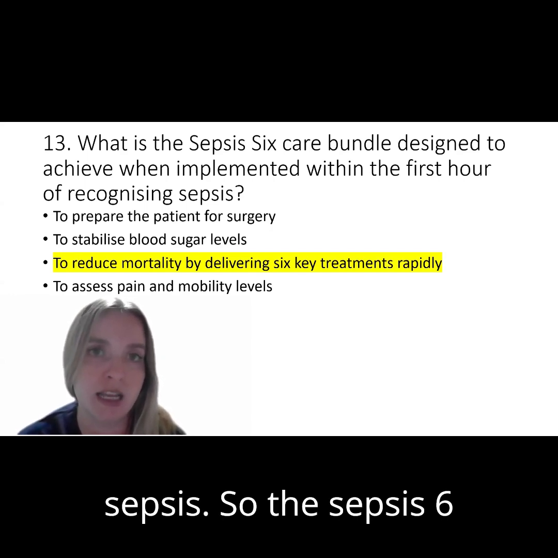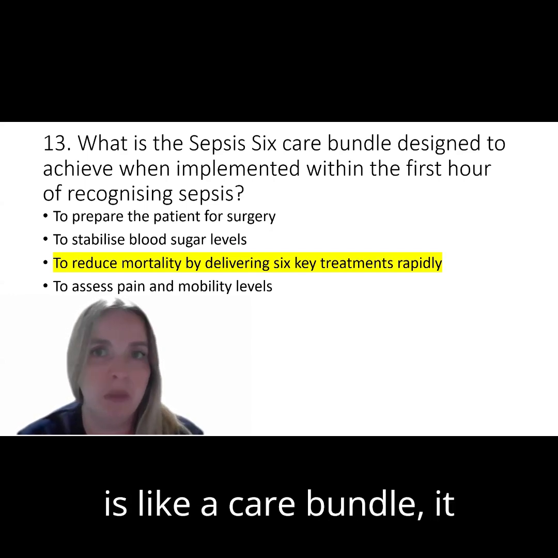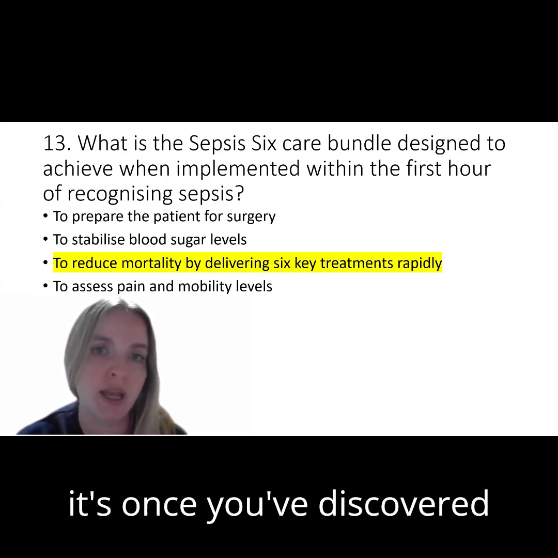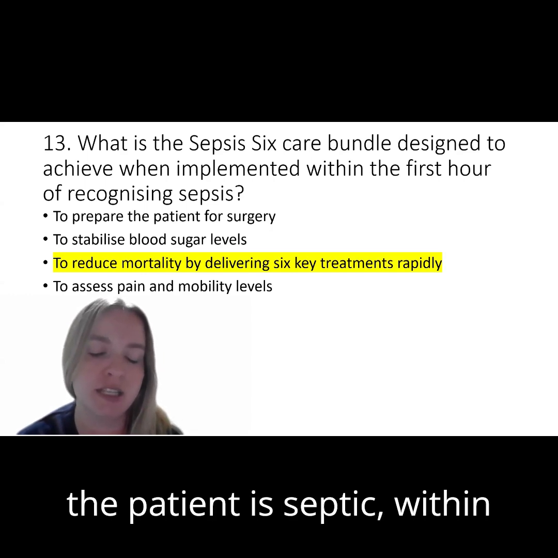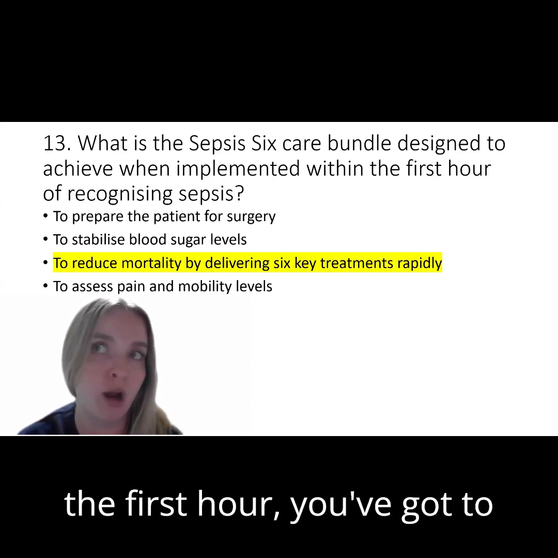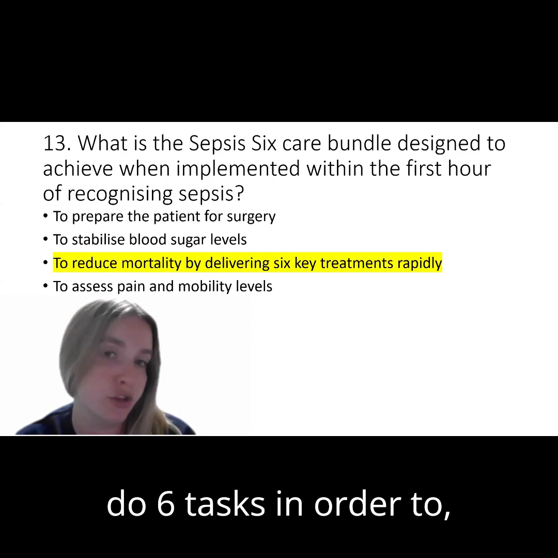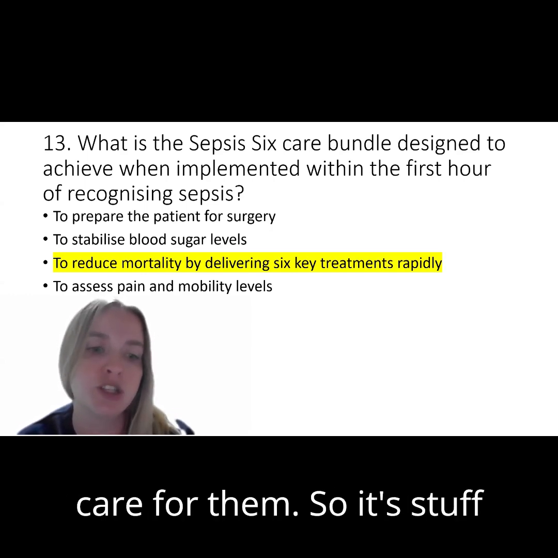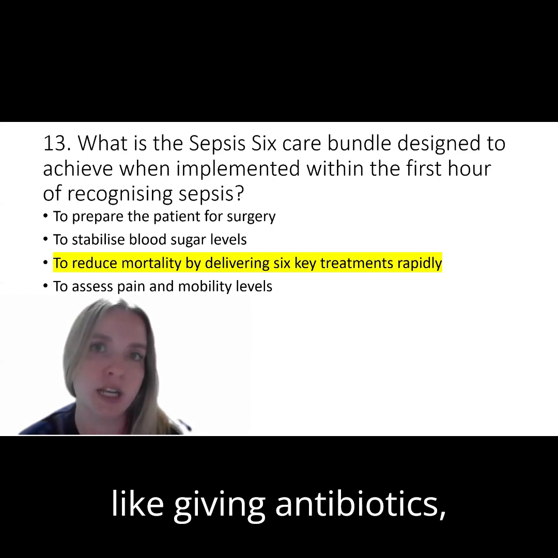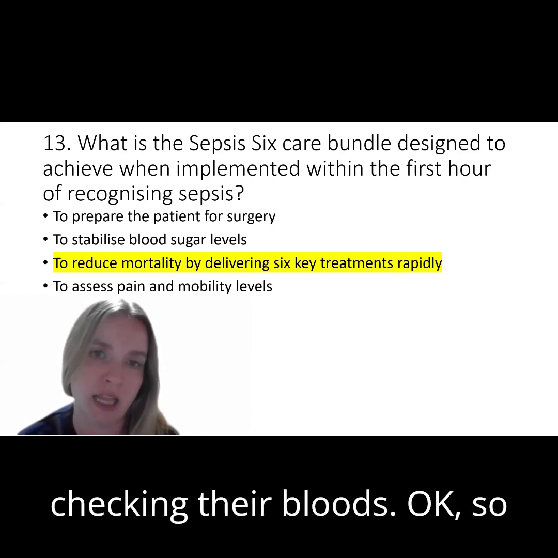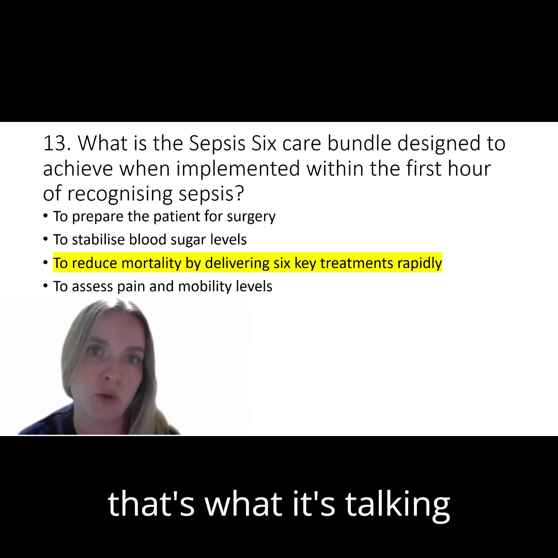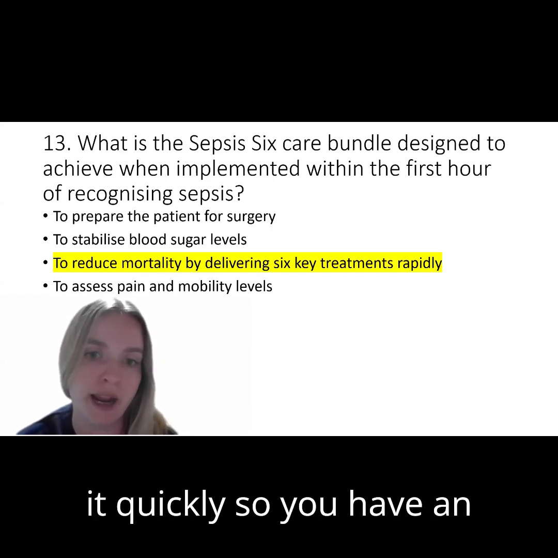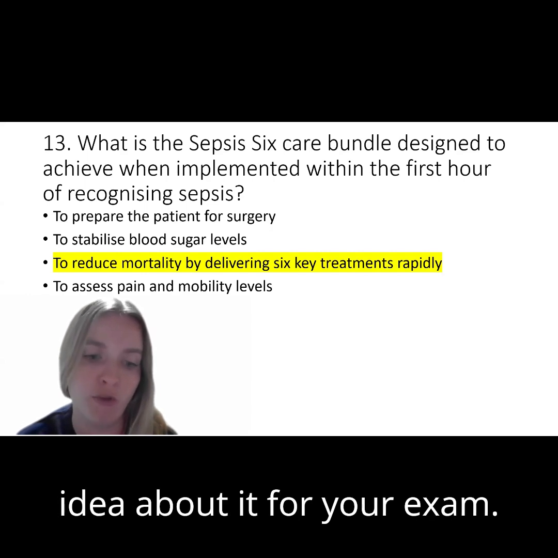So the Sepsis 6 is a care bundle that we have here in the UK, a protocol we use. So once you've discovered the patient is septic, within the first hour, you've got to do 6 tasks in order to provide the best care for them. So it's stuff like giving antibiotics, starting up their fluids, checking their bloods. Okay, so that's what it's talking about. If you haven't heard of the Sepsis 6, just Google it quickly so you have an idea about it for your exam.